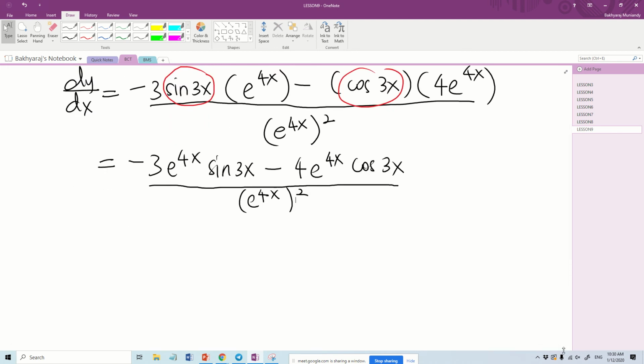So you get this. Okay, then now in the numerator you take out the exponent. Factor e^4x. Exponent 4x ni keluarkan dekat atas. Because you see here and here you got e^4x. Take out the e^4x.